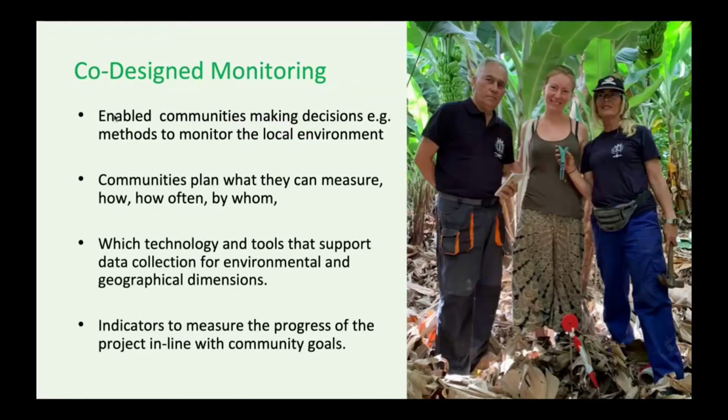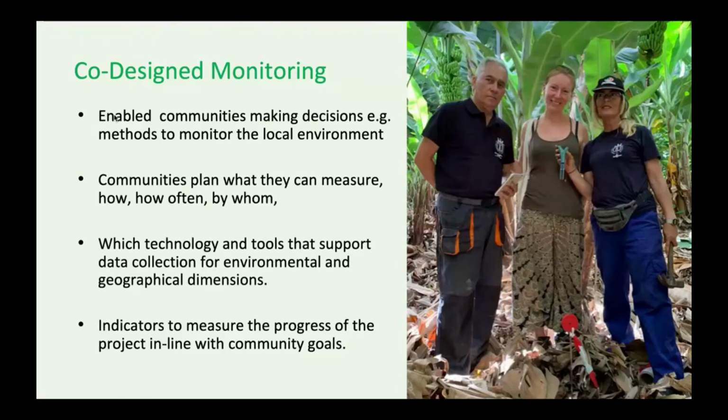Of course, many of our goals are long-term, not within the funded lifetime of these sorts of projects, but we can look towards major goals and then track back and monitor our way towards certain milestones, thus ensuring that we both reach those milestones and that communities are aware that they're making progress.